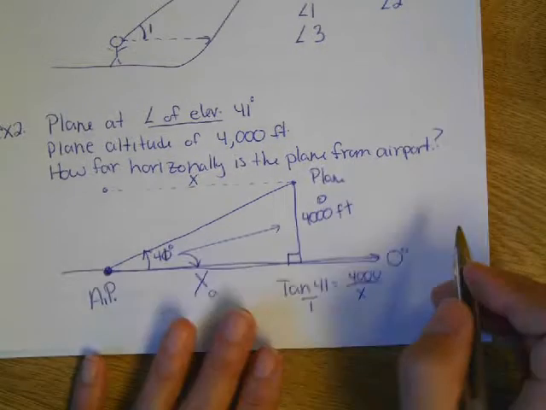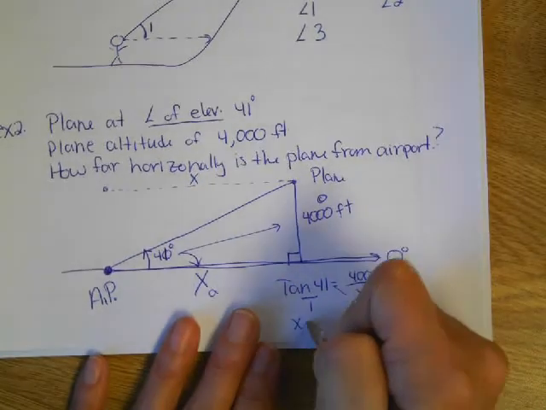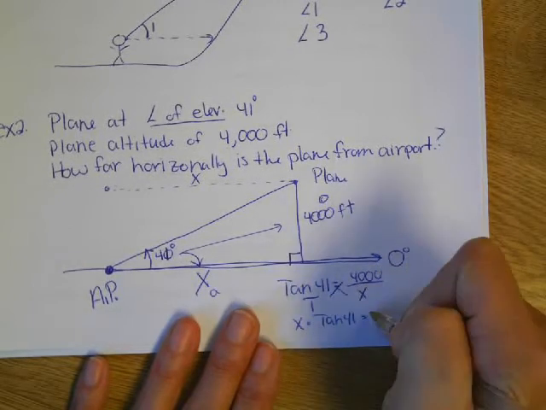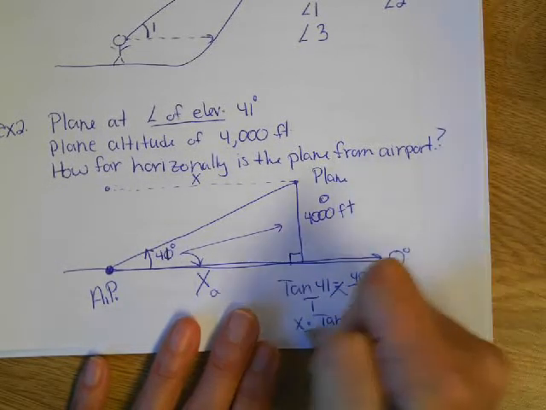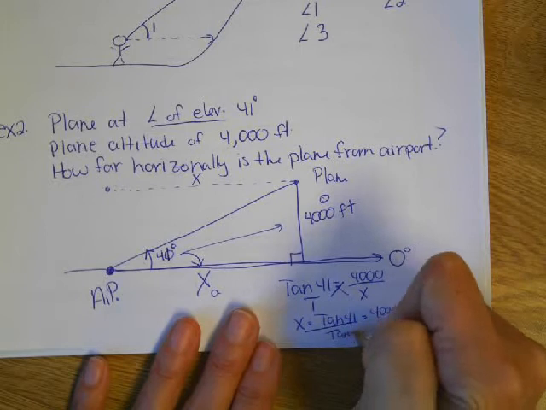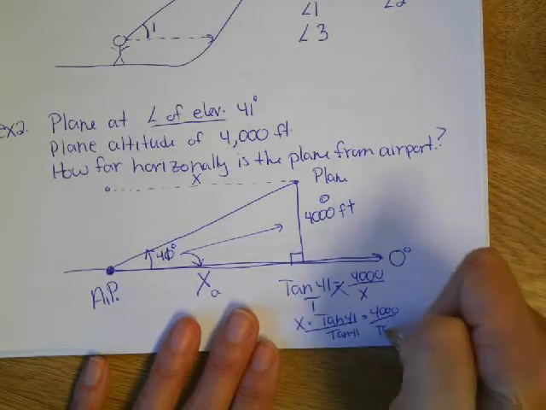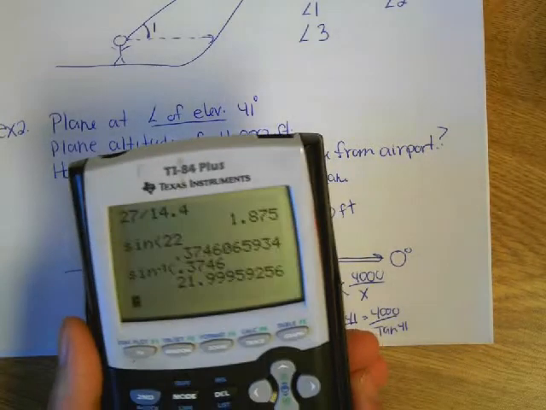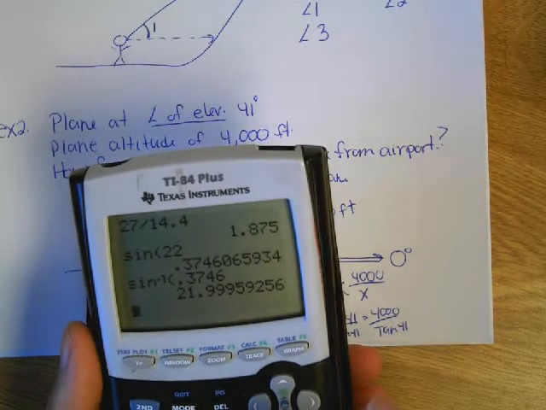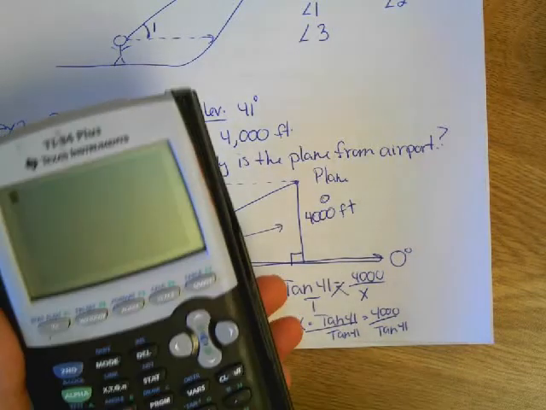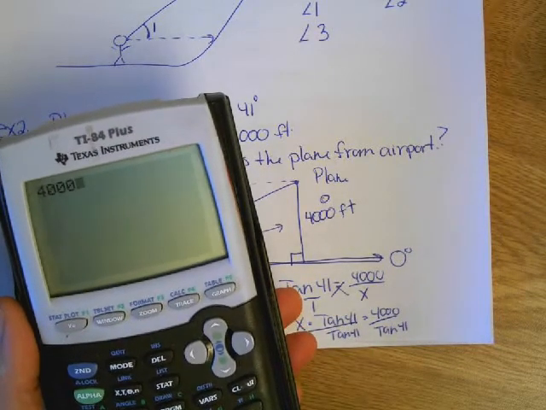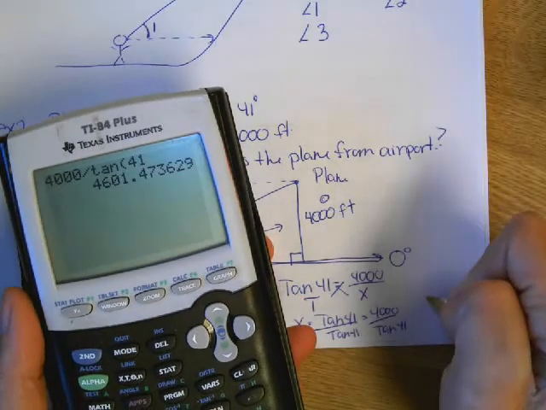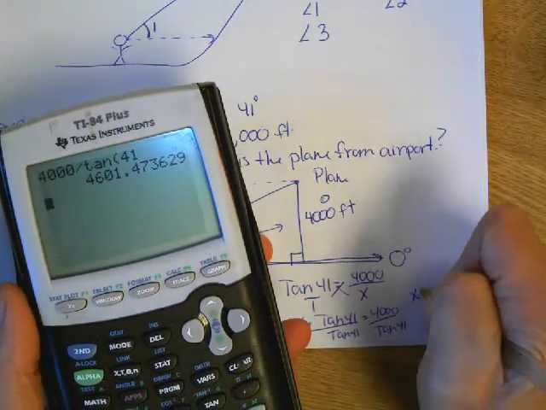Make some proportions, do cross products. X gets multiplied by the tan of 41. 1 times 4,000. Divide by the tan of 41. Let's see what I got here. Clear. 4,000 divided by the tan of 41. A little over 4,600 feet.